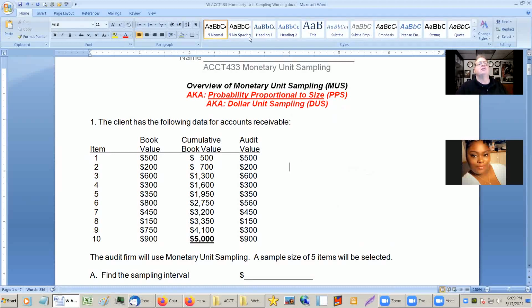All right, so let's see. I've got to switch videos. I want to give you the idea of it. Okay, so here's the idea behind dollar unit sampling.